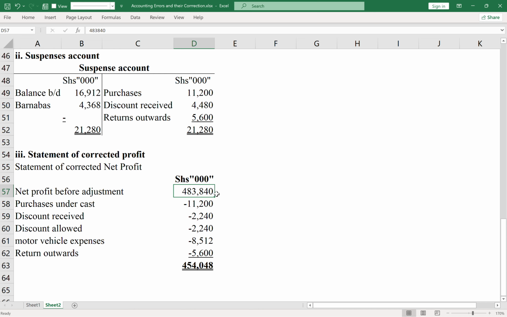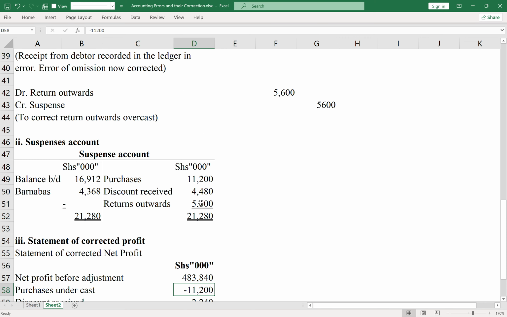So we start with the purchases which were undercast. They were 11,200. We subtract that. Then we also have the discount allowed and received. You can combine them or put them separately, 2,240, 2,240.